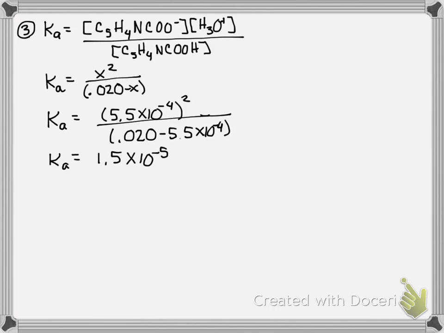You had 0.020 molar to begin with. Some of it did go away, though, because it got turned into the conjugate base. So that's why we have the minus x. You know the value of x, so you can put that value in. Calculator, 1.5 times 10 to the negative 5. So that's an example problem when you know pH and you have to find Ka for that acid.